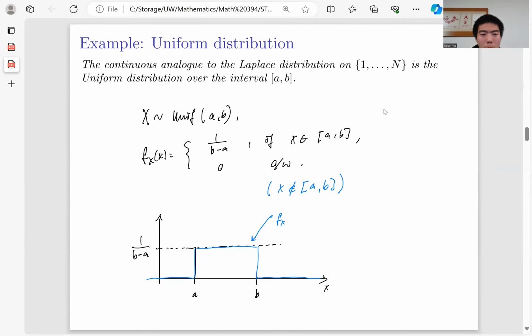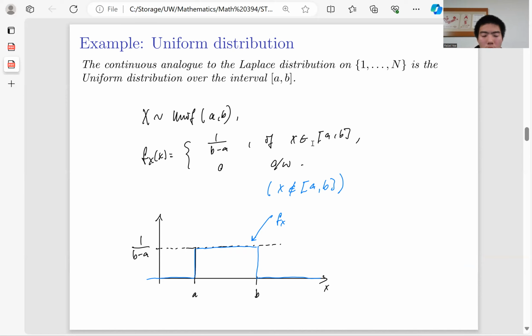So let's give one example of a PDF: the continuous analog to the discrete uniform distribution. Remember the discrete uniform distribution: the probability mass function is just like vertical lines with a point on top. But in the continuous uniform distribution, the PDF is defined as 0 otherwhere.